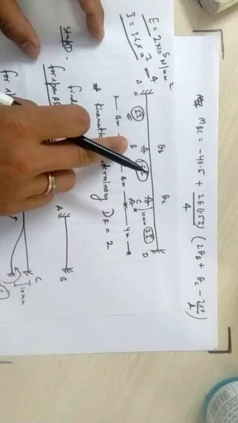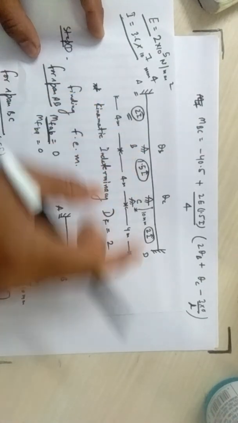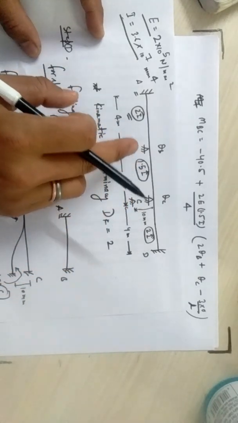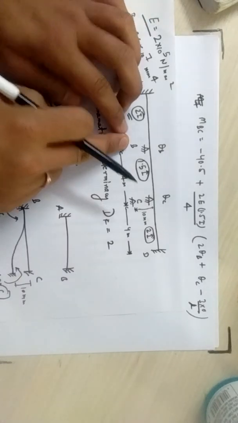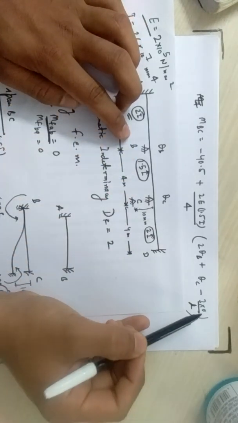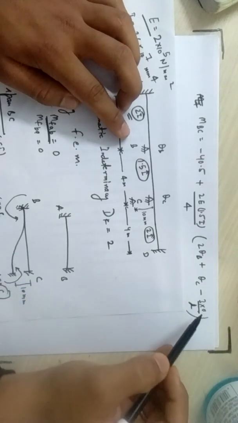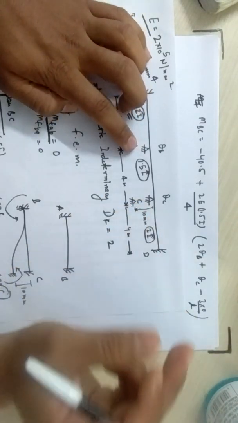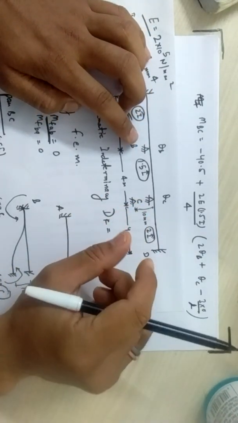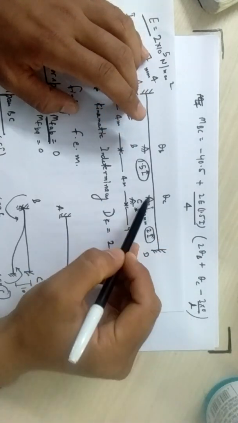This equation is for end B. Okay, when I am saying MBC, it means I am writing for end B. So when I write MBC, this delta will consider the settlement of support B, not of support C. When I write MCB, then I will consider this delta.